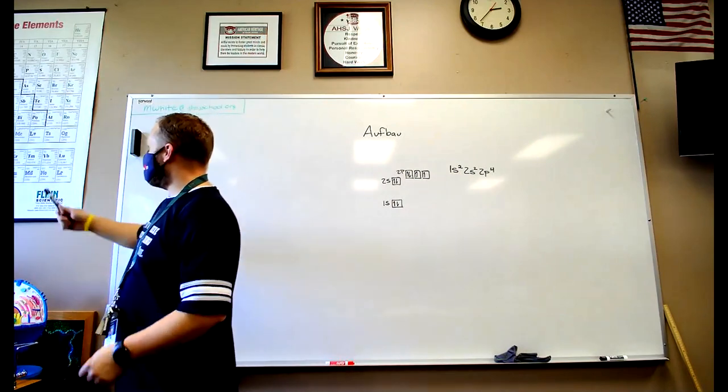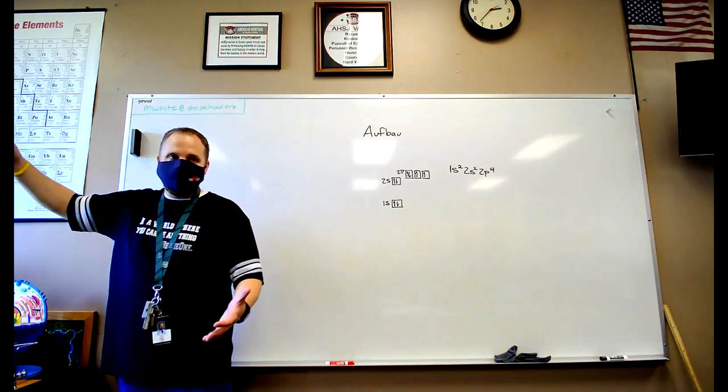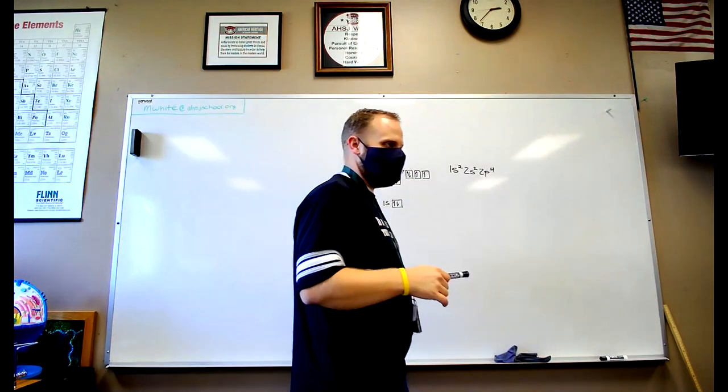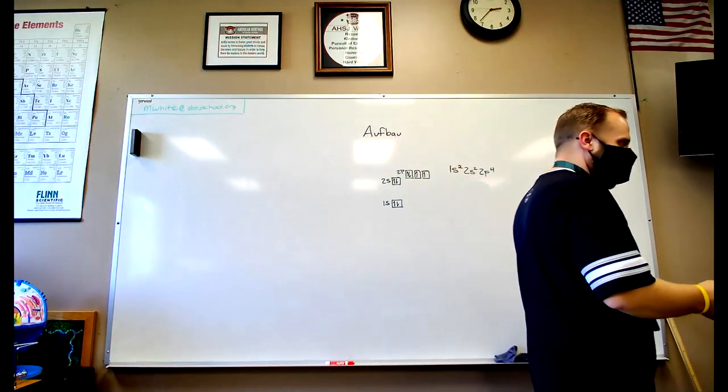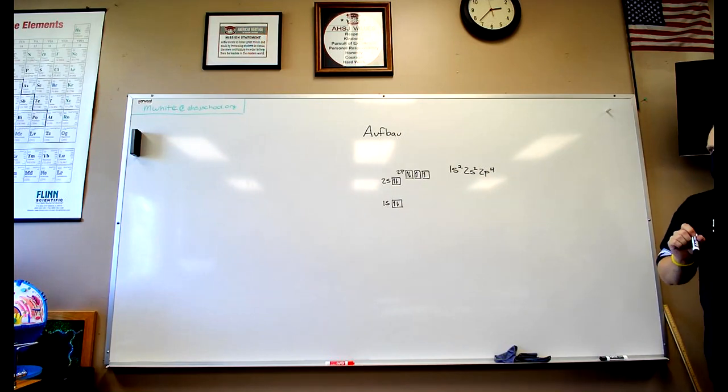For example, element 118. You could do an electron configuration for element 118. It would require a fair amount of time putting all 118 electrons in all these different boxes.